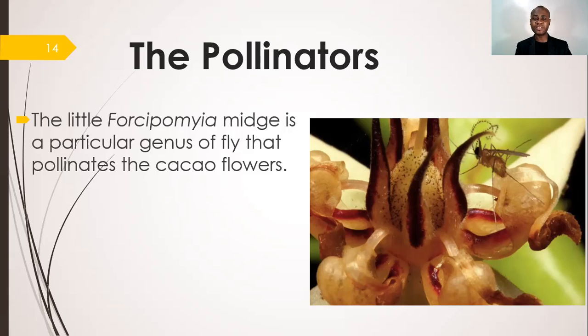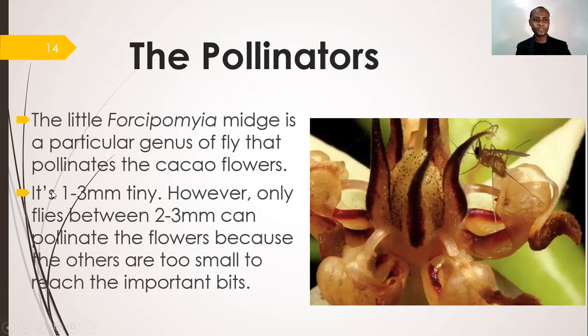Okay, like I mentioned earlier, the structure of the flower is such that bees are too big. They cannot penetrate to pollinate the cacao. They cannot go inside the flower to enhance the pollination. So the midge is like 1 to 3 millimeters in size.